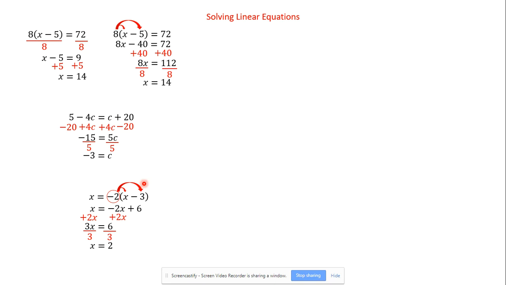Couple things I wanted to point out here. When we get our answers like x equals 14, c equals -3, x equals 2, the answers are not 14, -3, and 2. Notice there's an equal sign in the beginning. There has to be an equal sign in your answer. And in my work, and this happens when I'm on paper and on the board too, notice my equal sign goes straight down in a line.